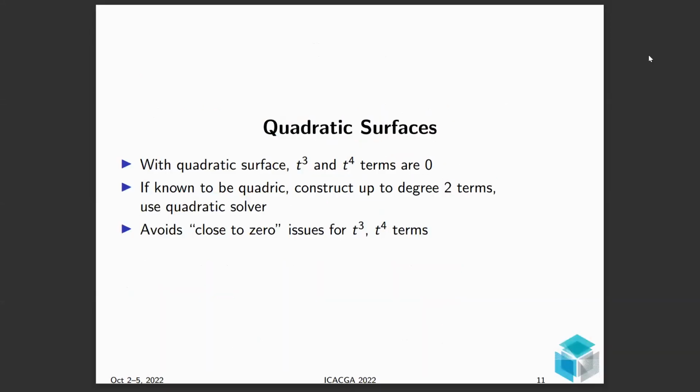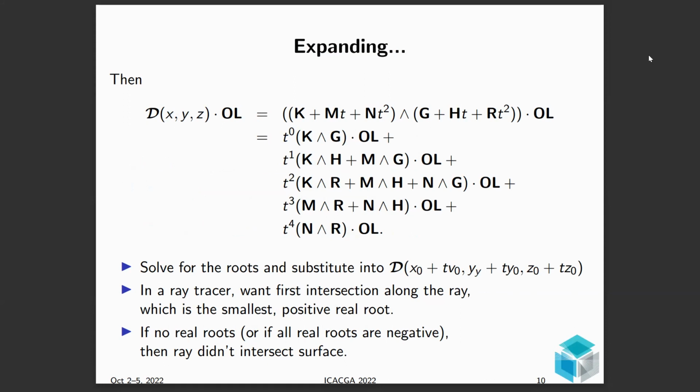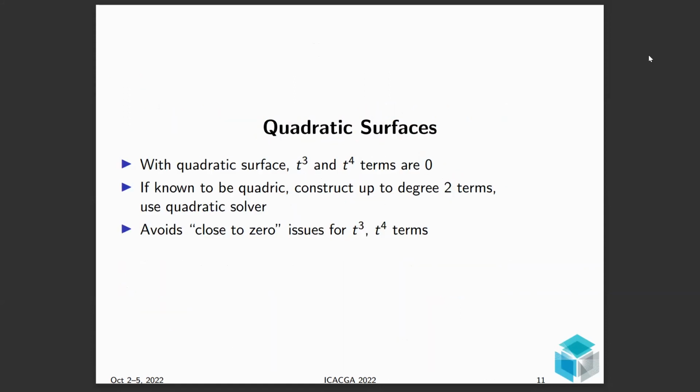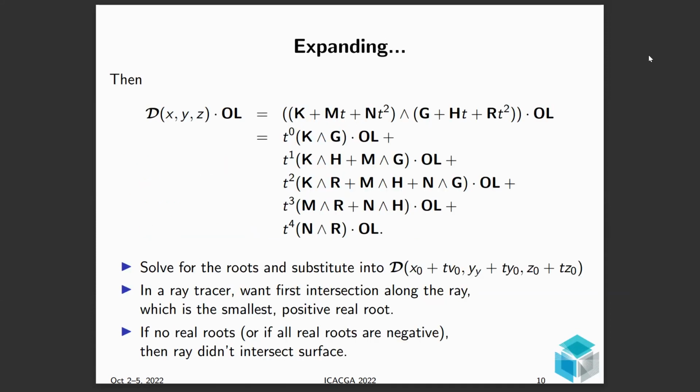So that's pretty much what we did to do the ray intersect torus. The only thing I'll comment on is we also do quadratic surfaces, and you can use the same equation here. It's just that you know these will be 0.